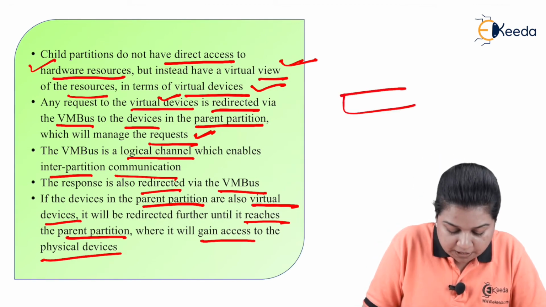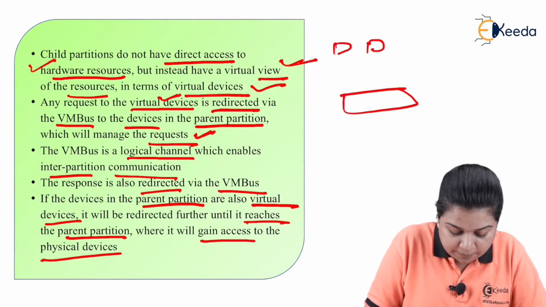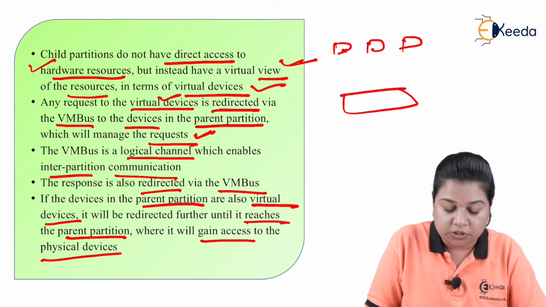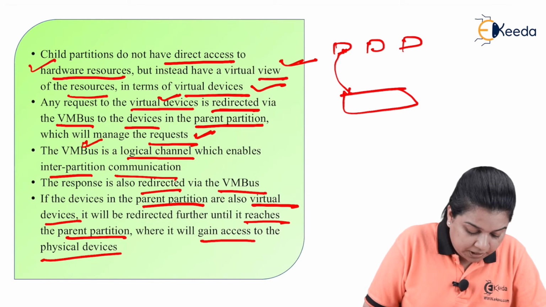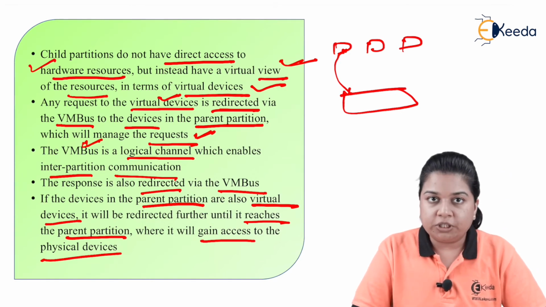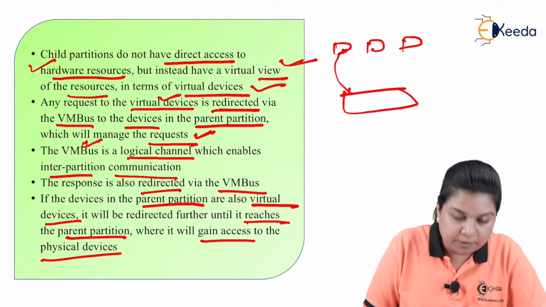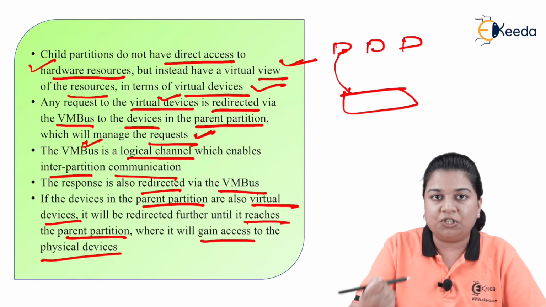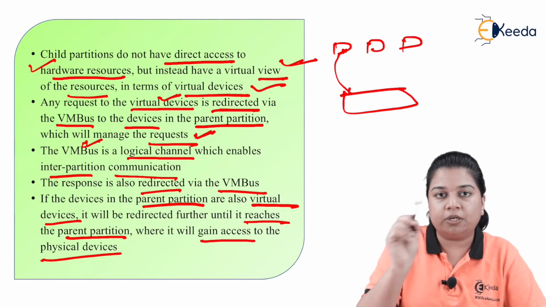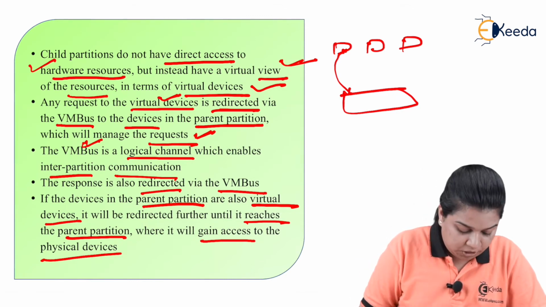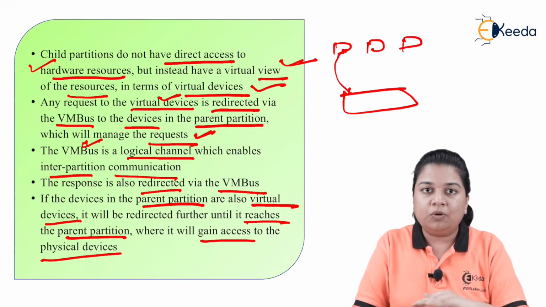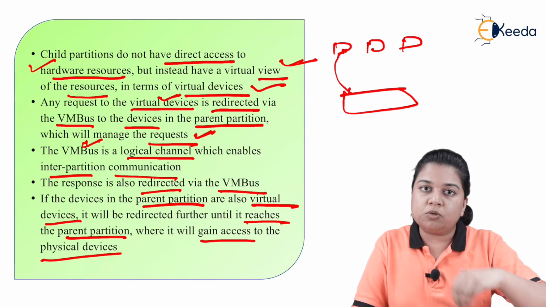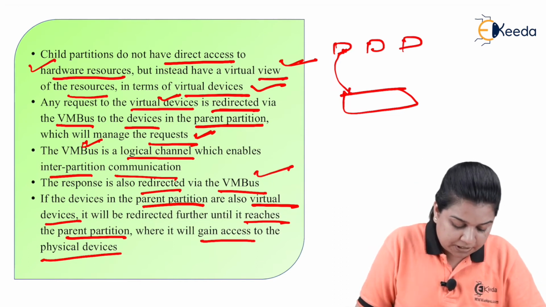See, we have this parent partition and then we have this child partition. Whatever communication is done via the VM bus is a logical channel which enables inter-partition communication. That means parent partition and child partition, or child partition and child partition communication. Whichever request is made, it will get a response, and that response is also made via the VM bus only.